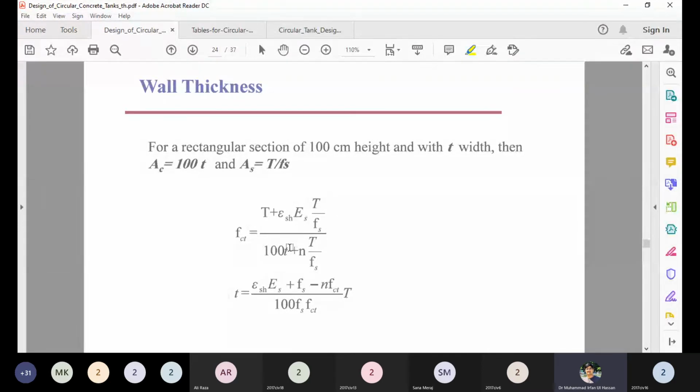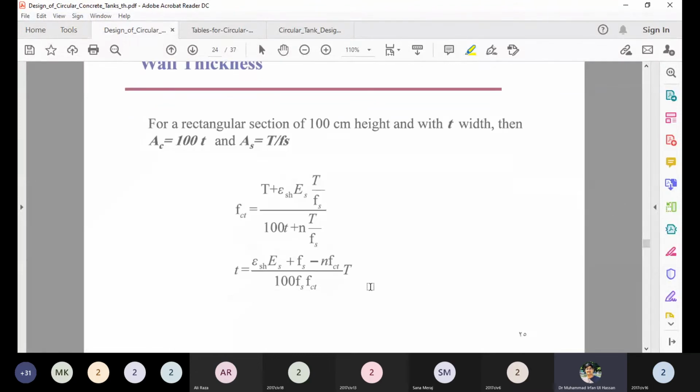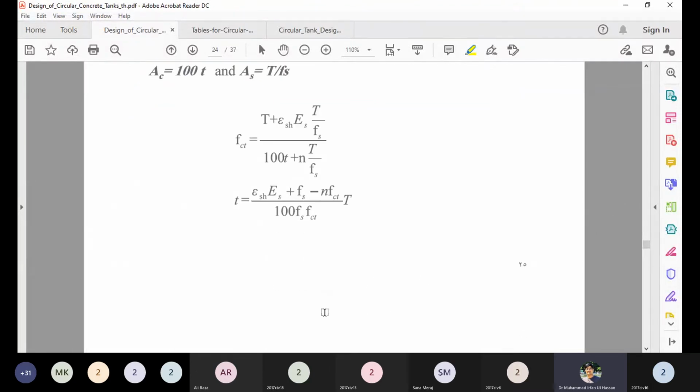If you are putting in kg and centimeter, then the tensile force will also be in kg. If you are putting in pounds, then the tensile force will also be in pounds, and then the stresses should be put in psi, and the answer will be in inches. But the formula remains the same, only the units should be consistent.